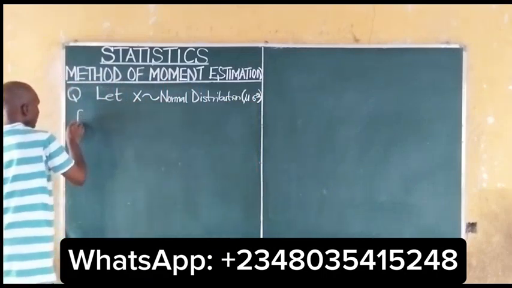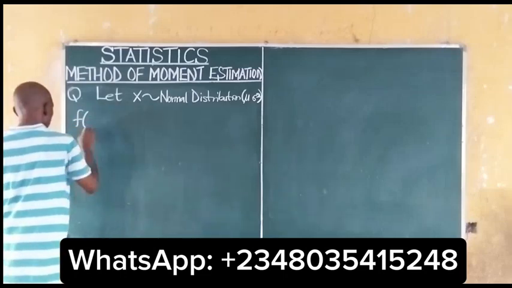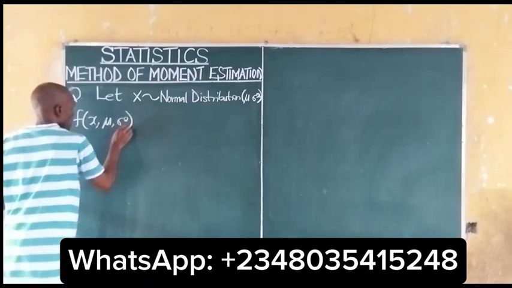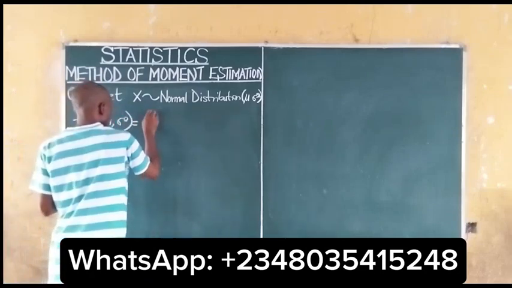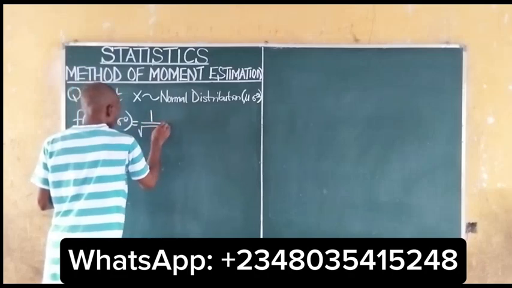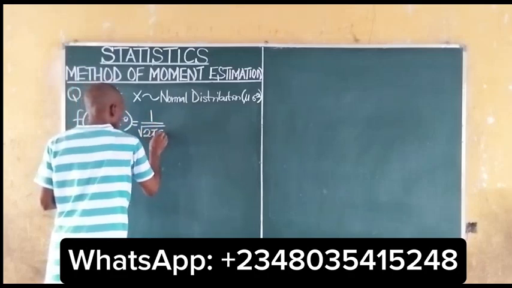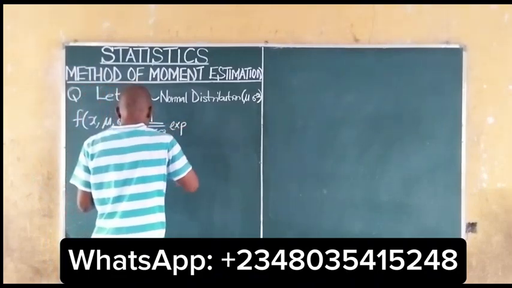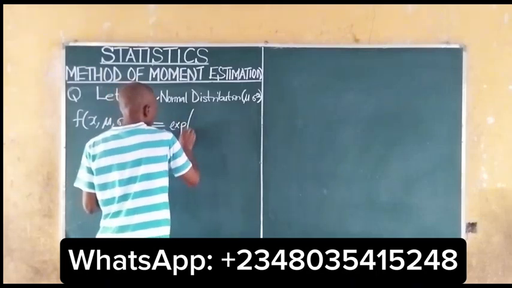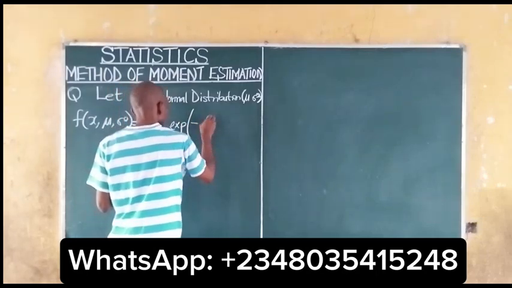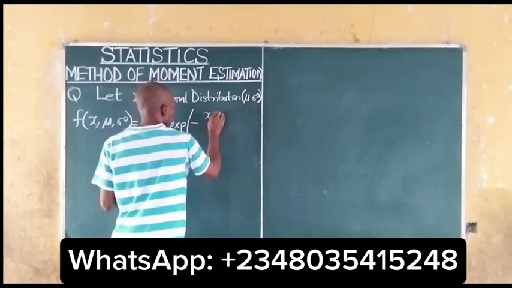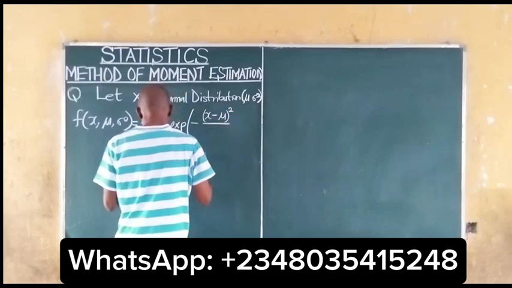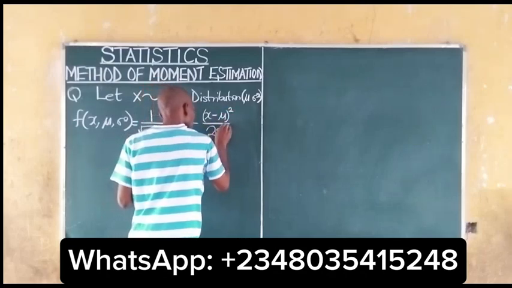It then means that our PDF can be written as f(x; mu, sigma squared) equals 1 all over square root of 2 pi sigma squared, exponential negative (x minus mu) squared all over 2 sigma squared.